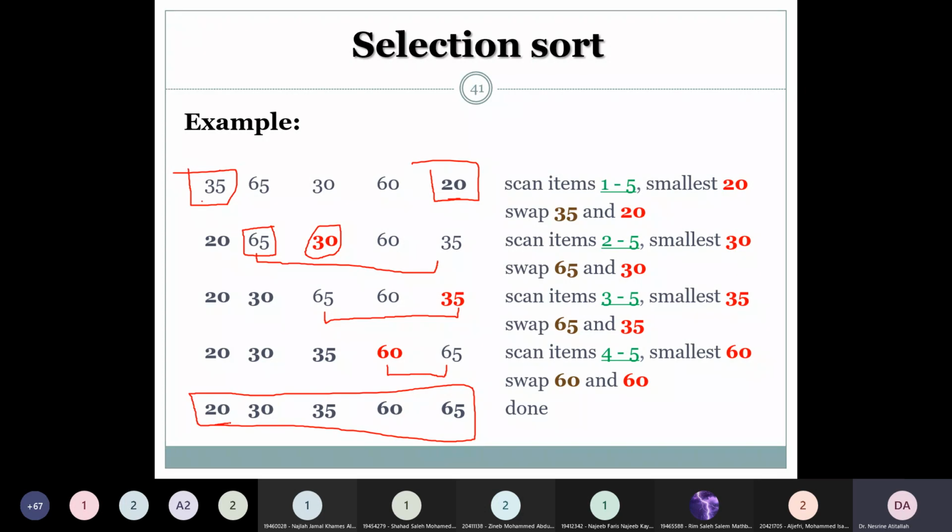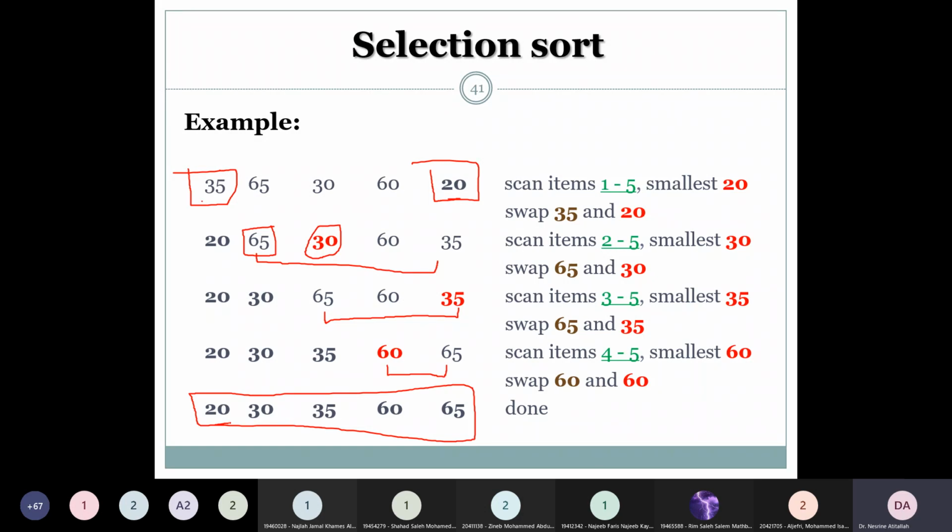Is it clear? What is the selection sort? Clear the selection sort? So this is the selection sort, okay?